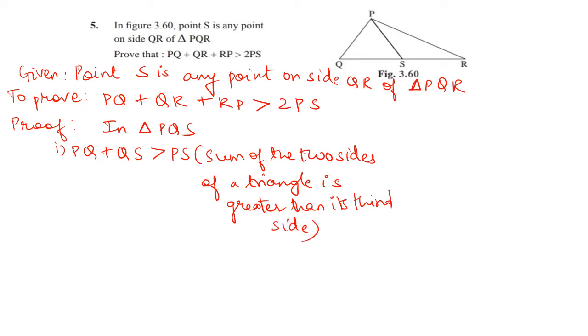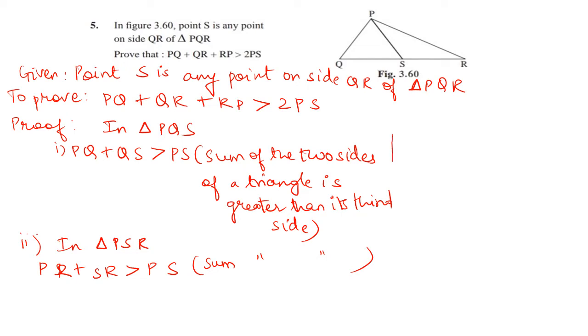Then secondly, in triangle PSR, PS plus SR is greater than PS. Sorry, PR plus SR is greater than PS. Again the same thing, you will write it here. The reason is that the sum of the two sides of a triangle is greater than its third side.